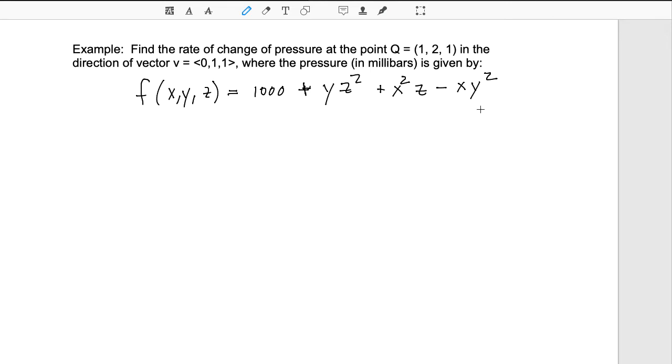And x, y, and z are given in meters, so the answer we get will be a rate of change in millibars per meter.